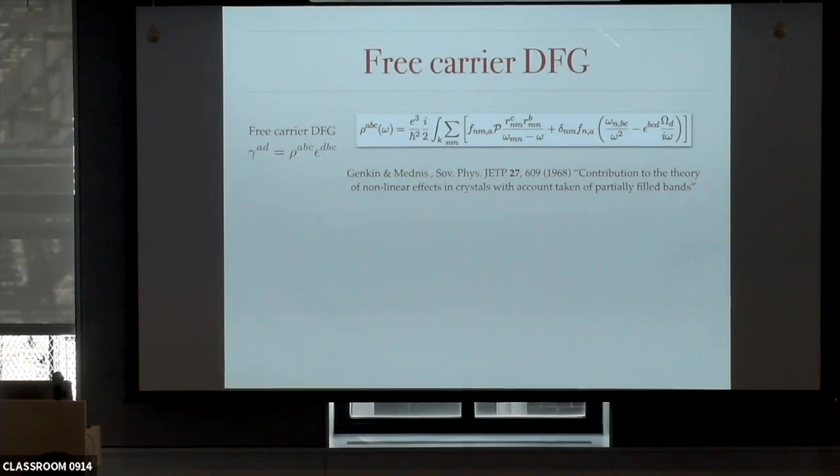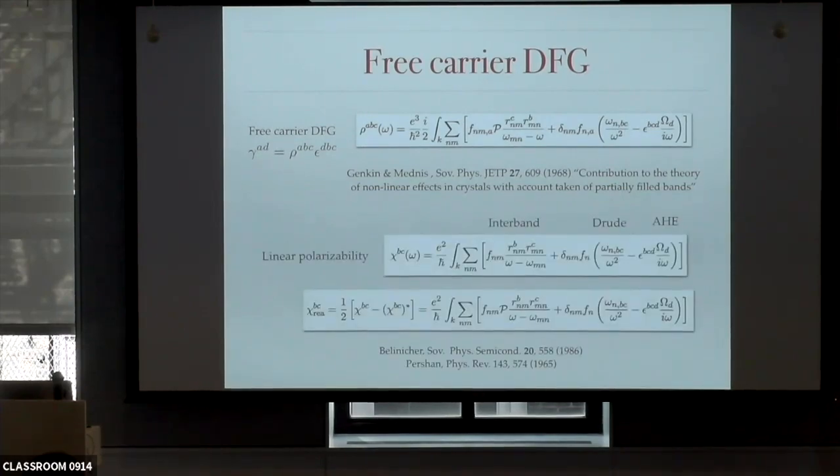And so I'm not going to go into the details of how this is derived, but let me just point out that there is a very close connection between this free carrier difference frequency generation and the linear polarizability. In fact, you can see these two equations are almost exactly the same. If you take the reactive part, which is this, the only thing that changes from the reactive linear polarizability to this is that I switch f by the derivative of it.